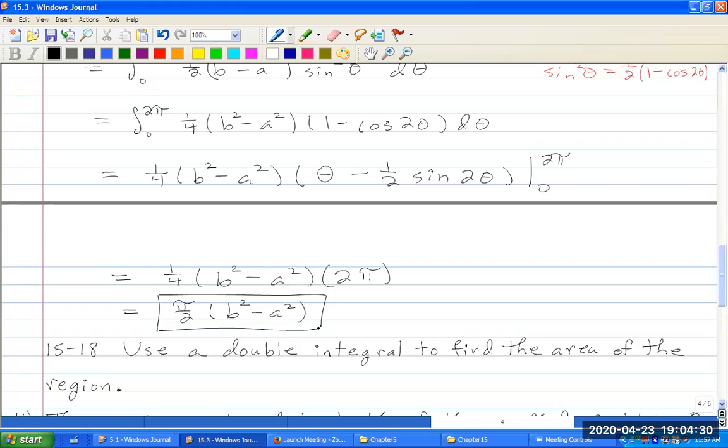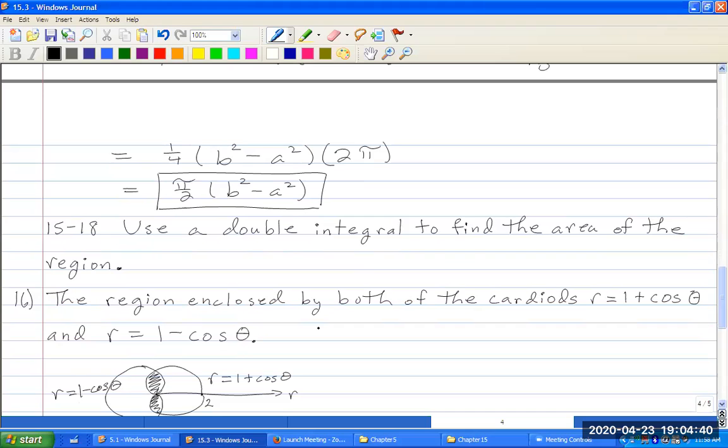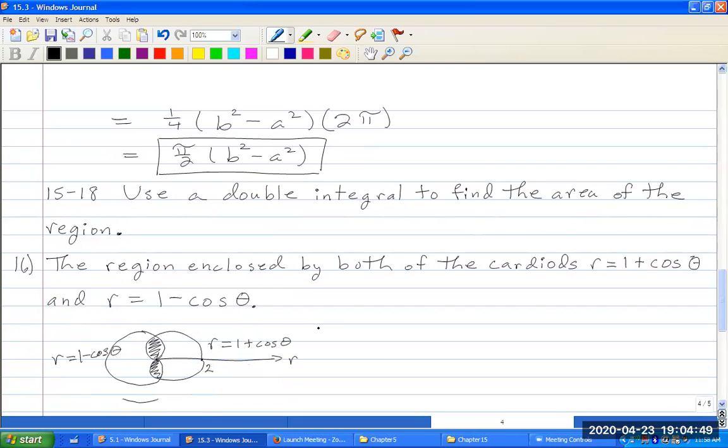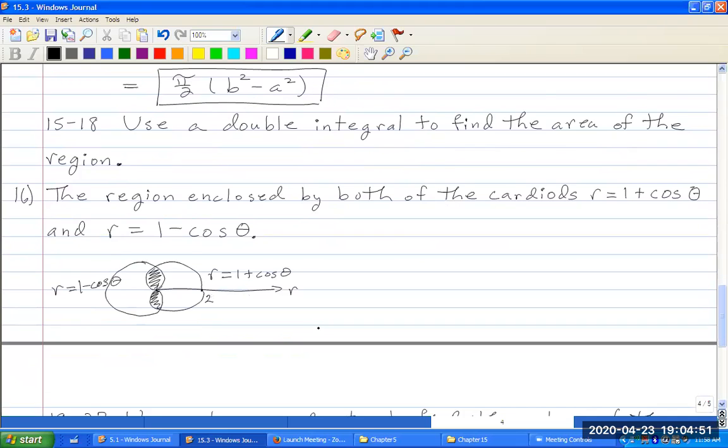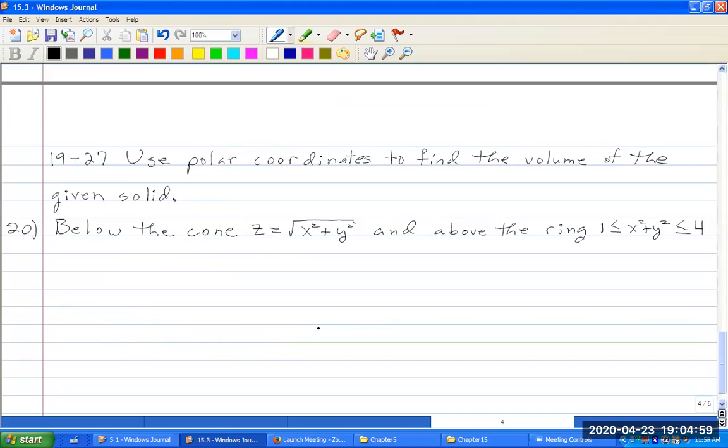Okay. Let's do problems 15 through 18. Use a double integral to find the area of the region. So in calculus 2, you did problems of the same sort. You just happen to use one integral rather than a double integral.